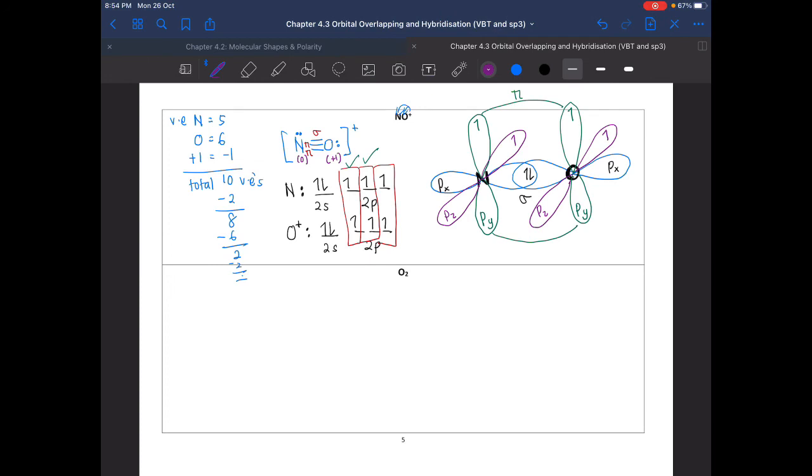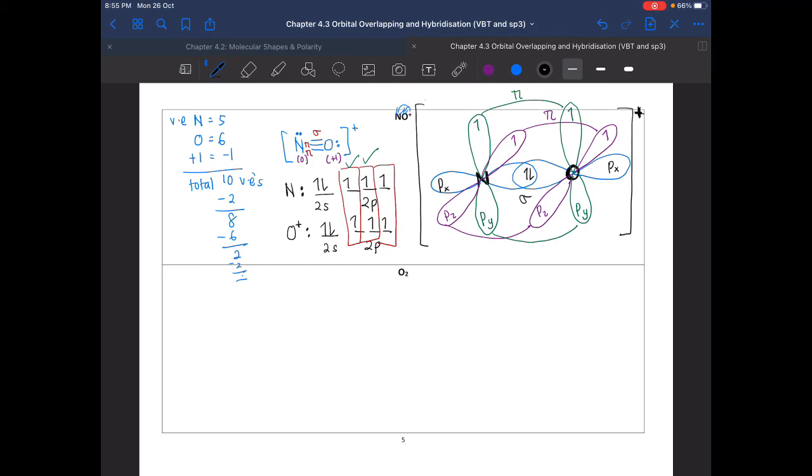Kiranya kalau miring kanan, this one ke kanan, this one also ke kanan. Okay, so kita pun show, okay, dia overlap. And this is also a pi bond. Okay, lebih kurang macam tadi, cuma beza dia kali ni dia ada charge positif. So maksudnya kita kena letak apa? We have to draw dia punya square bracket and then plus. Okay.